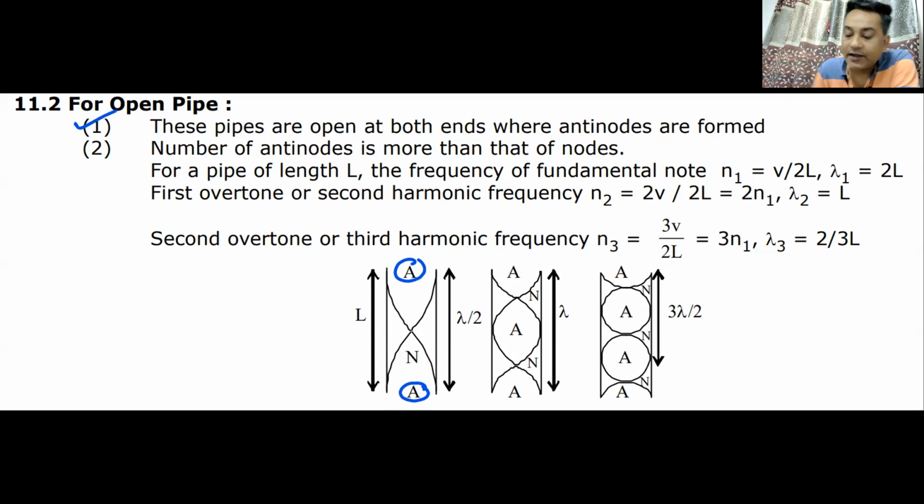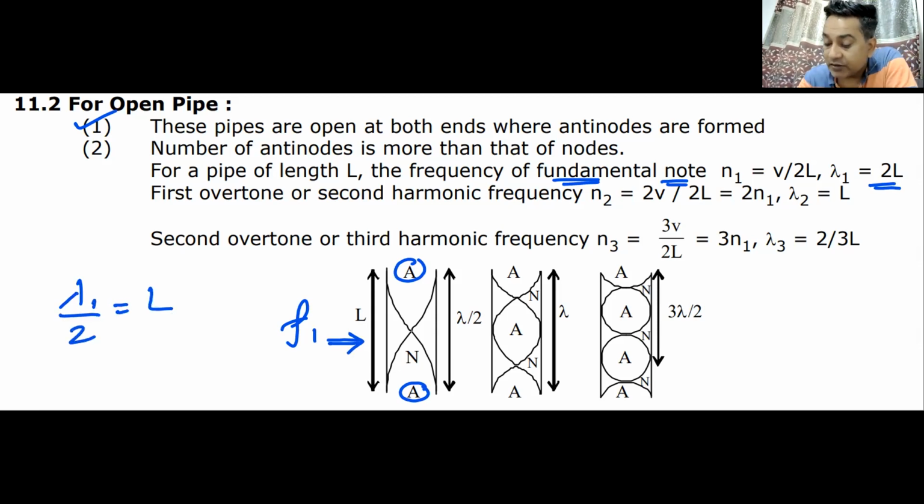This is the first overtone. This is the first harmonic. Its frequency is given by F1. Remember the fundamental note or the first harmonic here. It has a wavelength of 2L.